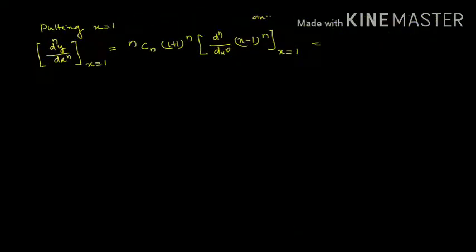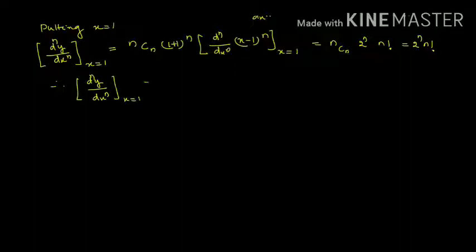This is equal to nCn 2^n factorial n. nCn is 1, so this is equal to 2^n factorial n. So d^n y by dx^n at x equal to 1 is equal to 2^n factorial n.